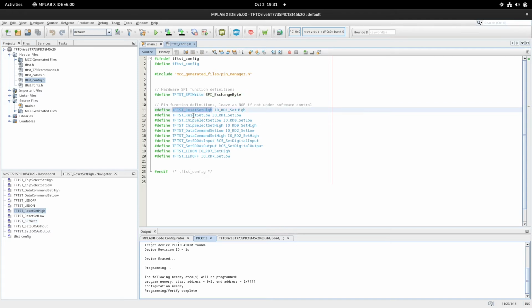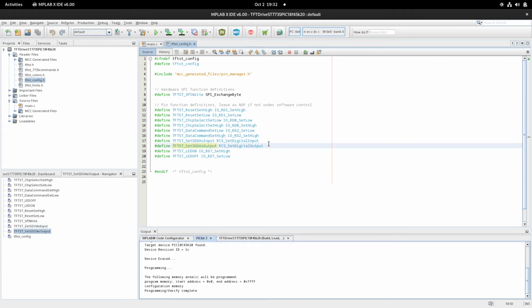Reset set high, reset set low functions, again, these are generated by the code configurator. We are basically telling the driver how to set the reset pin to high or low, and the same with the chip select pin, and the same with the data command pin. And you also need to occasionally set the SDO as input and output.